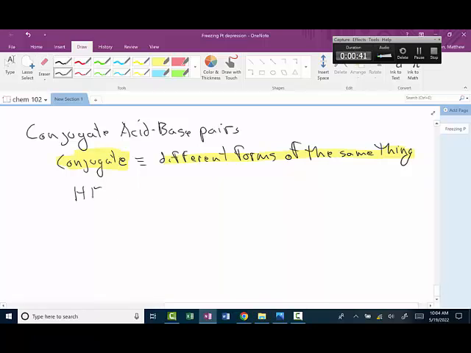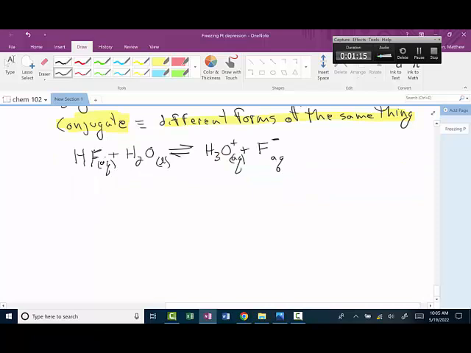If I go HF plus H2O reacts, this is a weak acid, so you should be able to predict this, but I'm not asking you to predict in this learning objective. I'm probably going to start dropping my aqueouses and liquids, but you should know they're there. You're going to look at the reaction to identify what is the acid and what is the base.